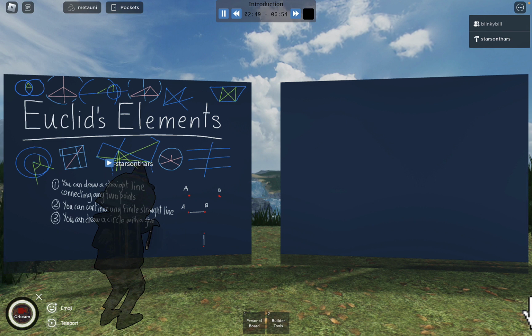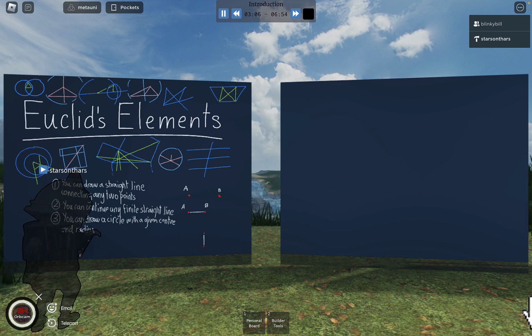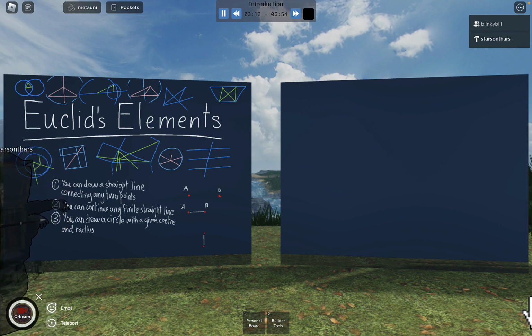So the center is a point. The radius is a line, a finite straight line. All right, so you can draw straight lines, you can extend straight lines, you can draw circles.